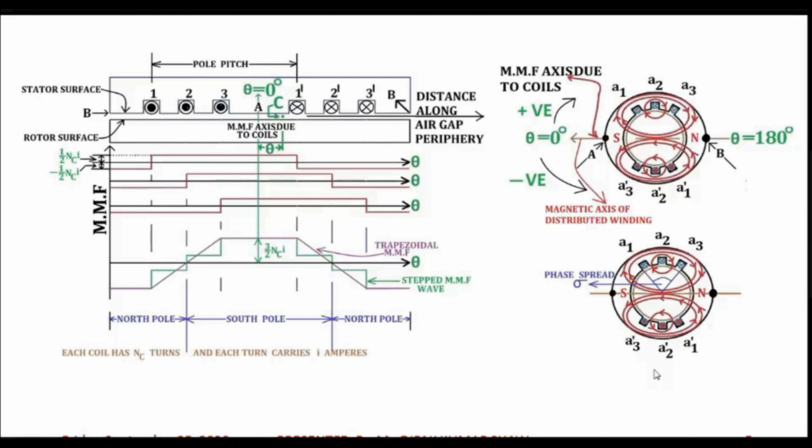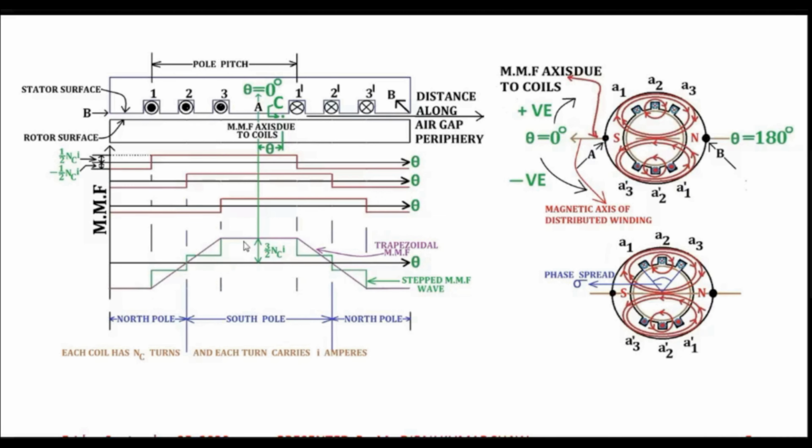Whereas if you have three coils, then the nature of MMF distribution is trapezoidal, because all three coils will separately have the MMF distribution which is rectangular. So if you add the MMF distribution due to each of the three coils, you will end up with this kind of stepped MMF wave, and further this is approximated by a waveform which is known as trapezoidal waveform.